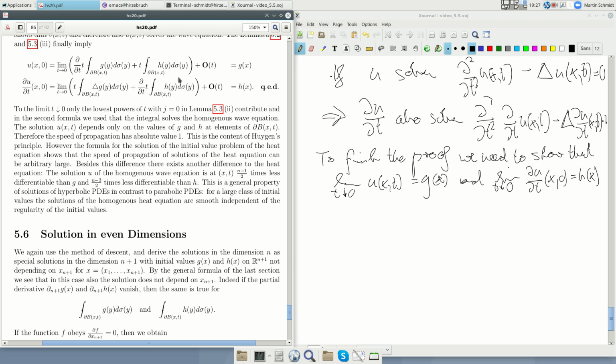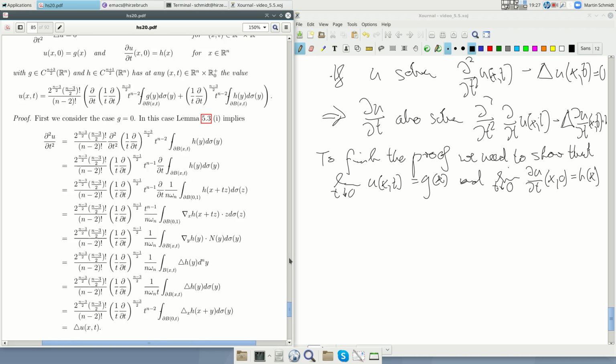And if we apply the derivative to this term, then we get something times t, and if t goes to 0, this whole thing goes to 0. So we only get h of x. And this shows that this indeed has the correct initial values. Now, this proves the theorem, and now we have again some conclusion.